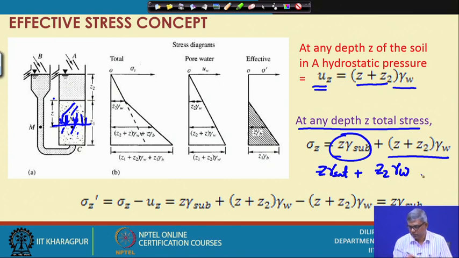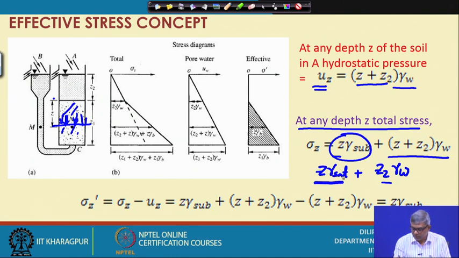I could have taken this way also, but ultimately, this one I can do as gamma sat, and gamma sat is nothing but gamma submerged plus gamma W. These are actually similar, and at this point I will calculate either this way.